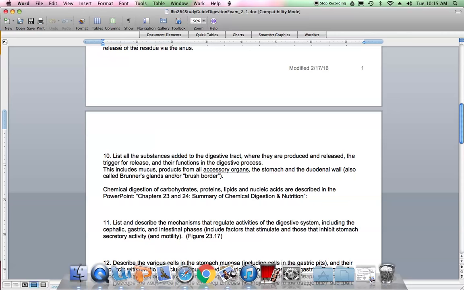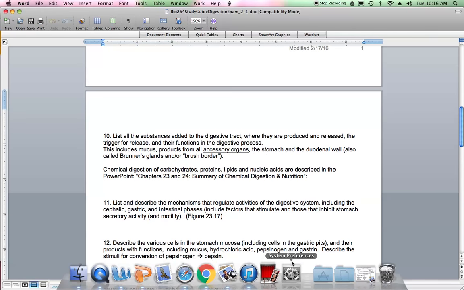This is the one that I went through very quickly in lecture, and it has tables that show you, for each of the polymers, carbohydrates, proteins, lipids, and nucleic acids, what enzymes are involved, what substances may be involved with breaking them down, and then where they are absorbed.